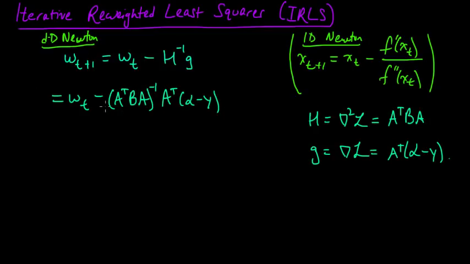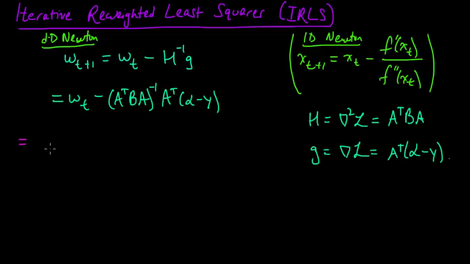We could stop right here, and this would give us the application of Newton's method to get the solution, and we would just iterate on this. But I'd like to rewrite this in a slightly different way, because it can be put in the form of the solution to a weighted least squares problem.